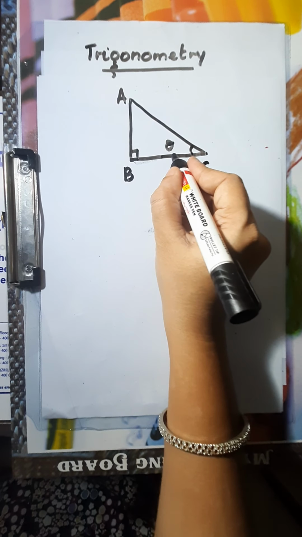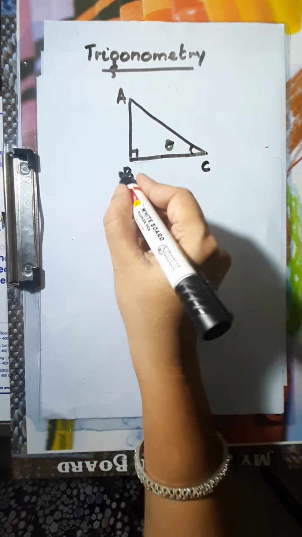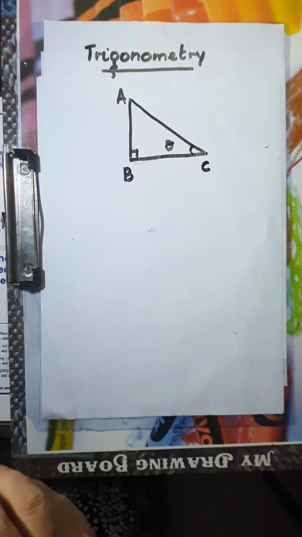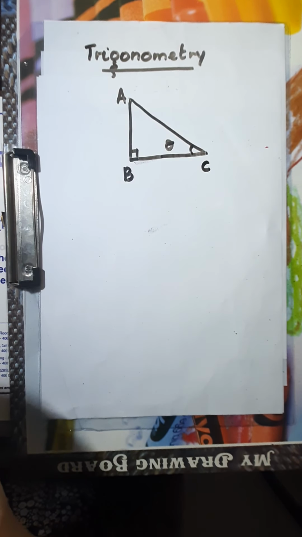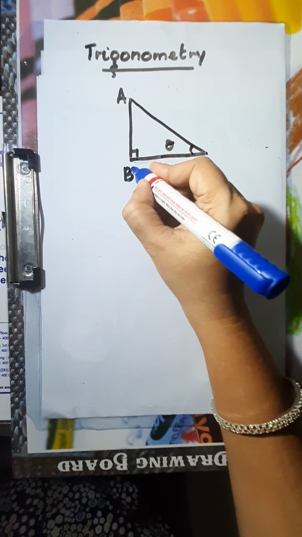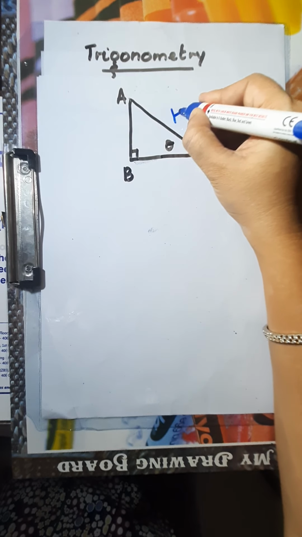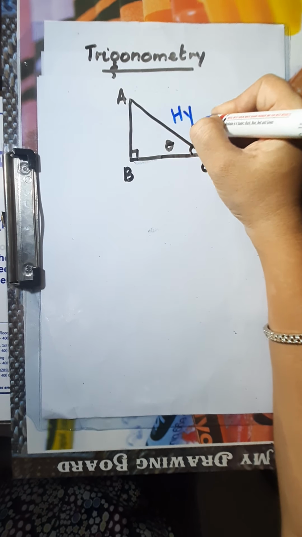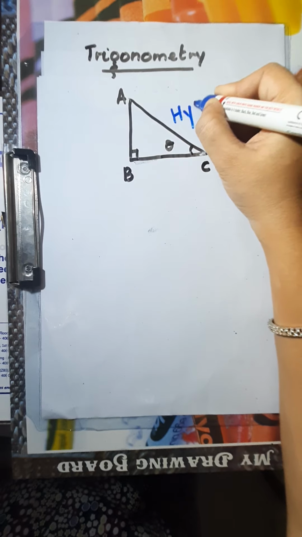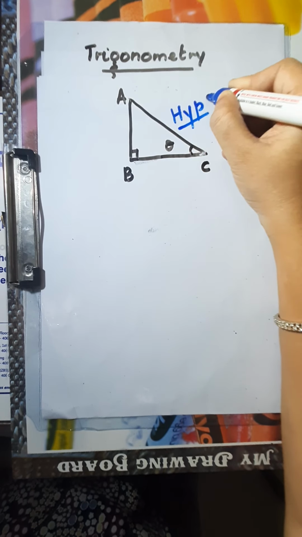Now for this angle theta, in this right angle triangle, the first and most important thing is, do I know which is the hypotenuse? Yes, I know which is the hypotenuse. It is the side opposite 90 degrees. So the side opposite angle B, which is my right angle, is my hypotenuse.